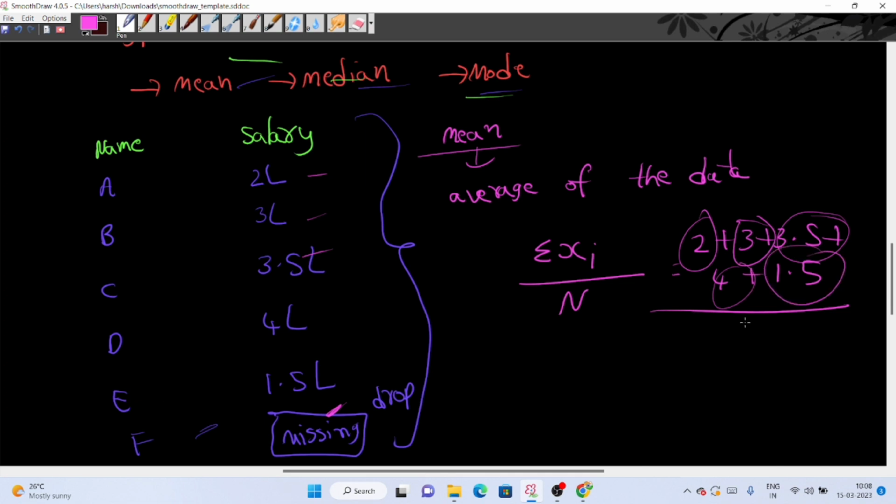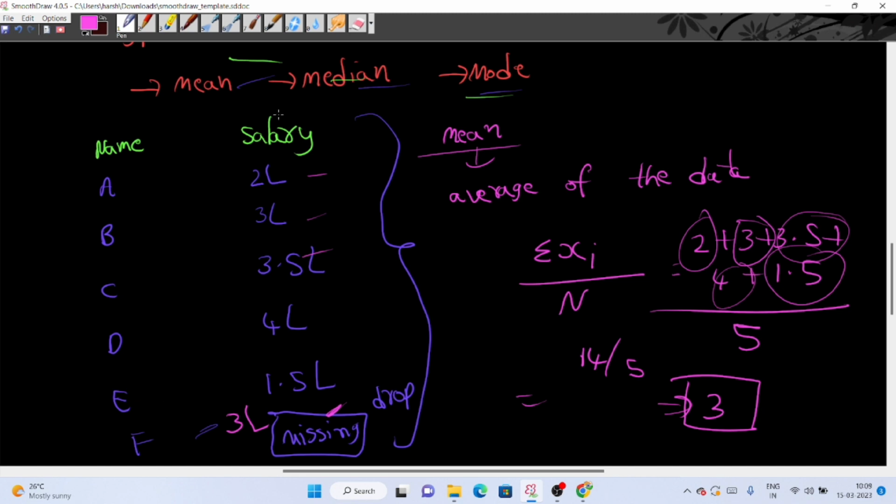So I will divide it by 5. Now we will get the value as 14 divided by 5, which is almost equal to 3. So we can fill this missing value with the number 3 lakhs per annum.